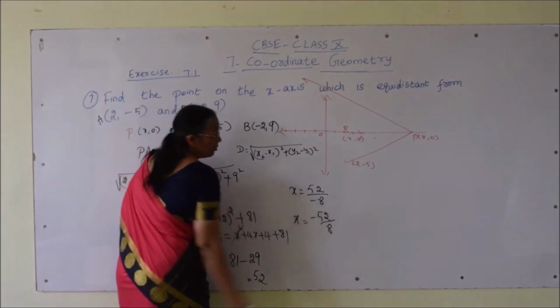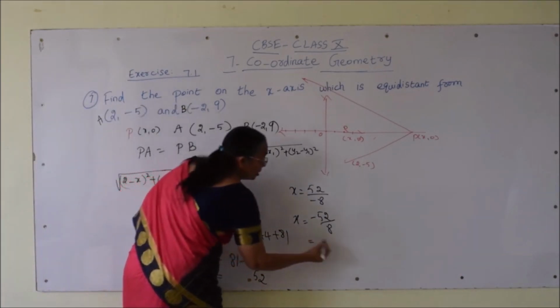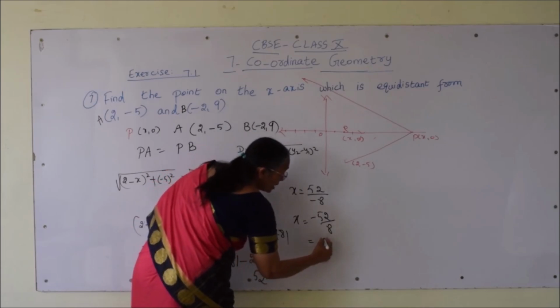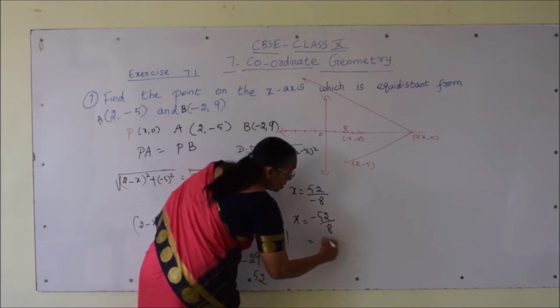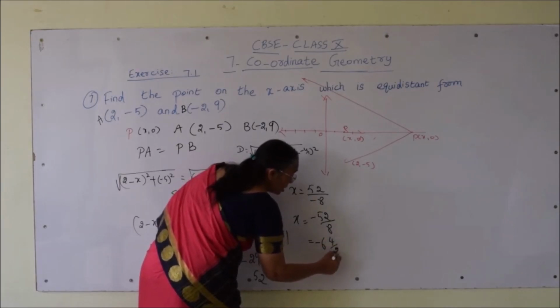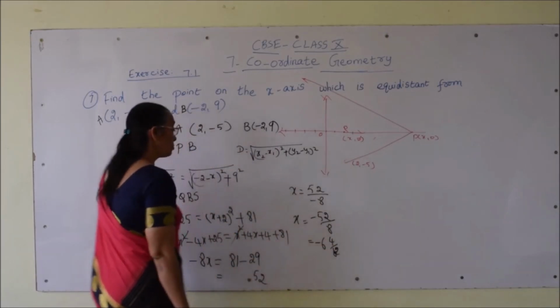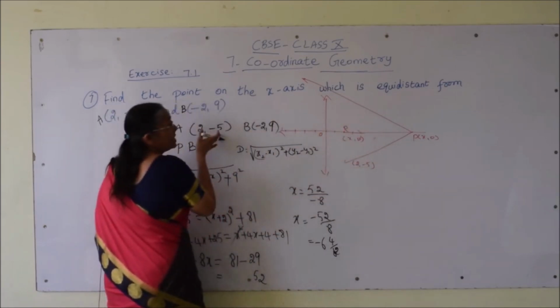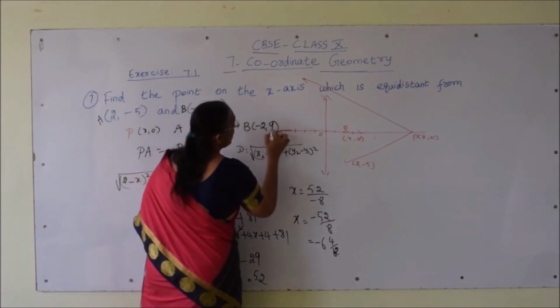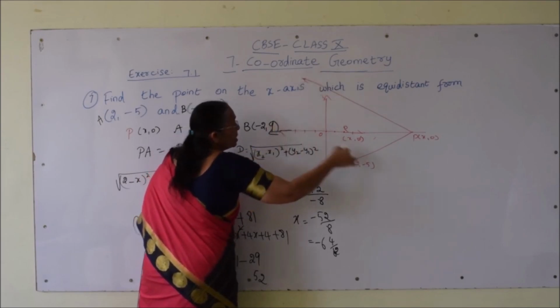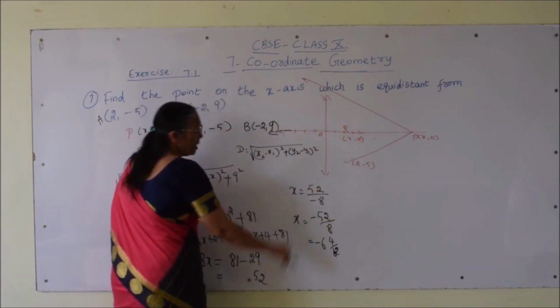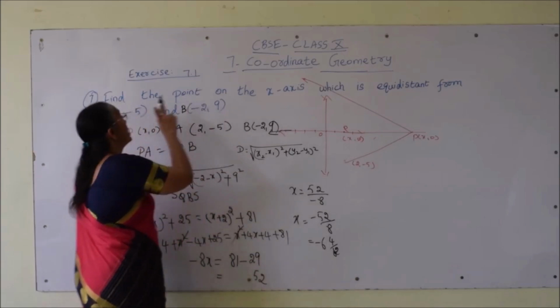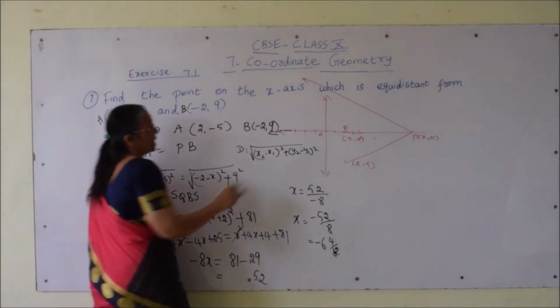So, if we do simplification, it is nothing but minus 6.5. So, the point is not in the positive side, the point is in the negative side. So, our point is here this way, that is why the distance is equidistant. So, the required point x is the required point on the x axis.